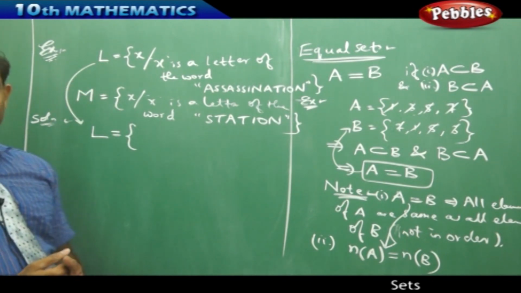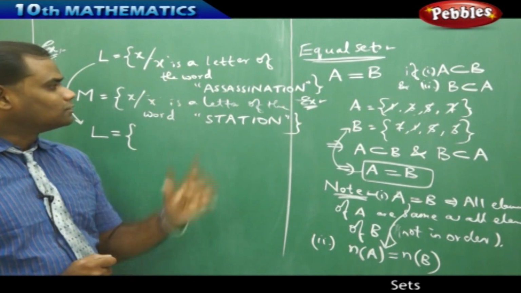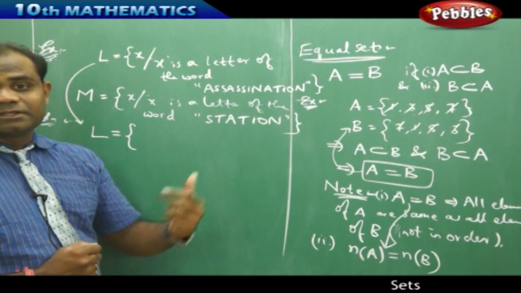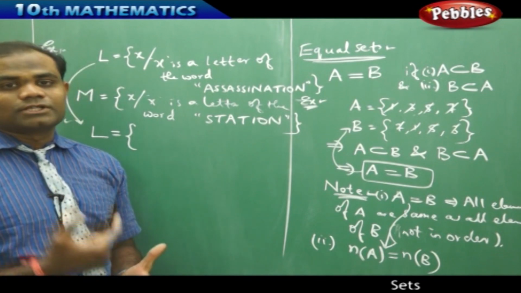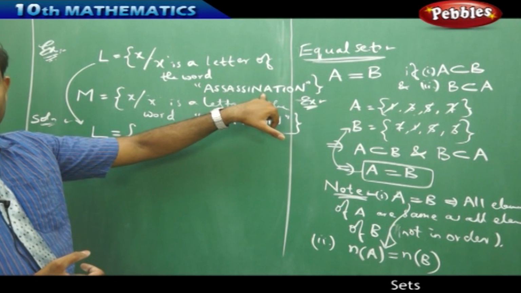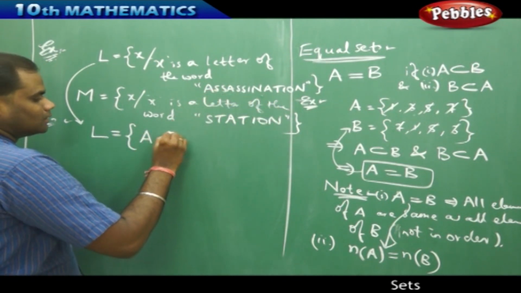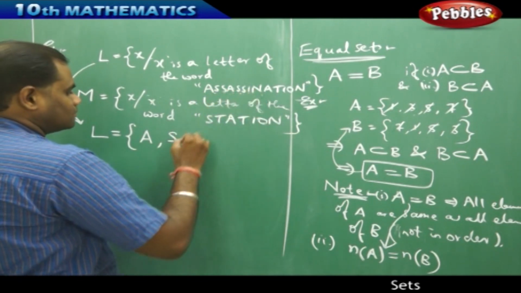So going by the definition, x such that x is a letter of the word assassination. Now the roster form, as we have taken in the previous sessions, has the rule that letters are not repeated. Therefore we take all letters provided they are not repeated again. A is the first letter, S is the next, then S and A are repeated, so not taken again.